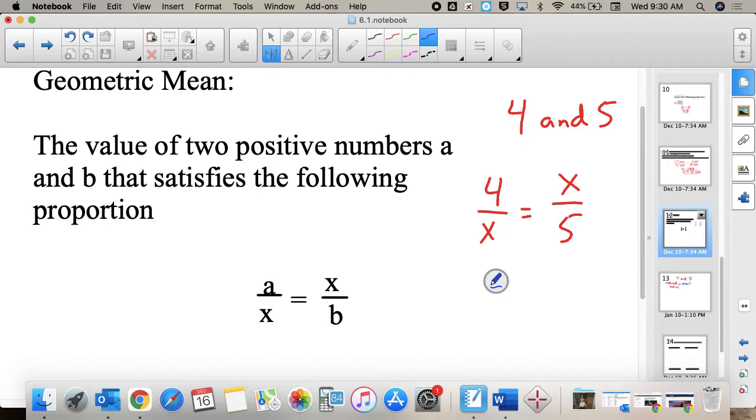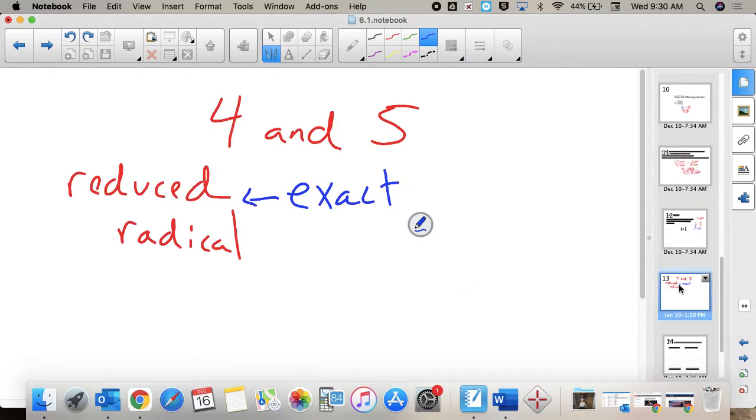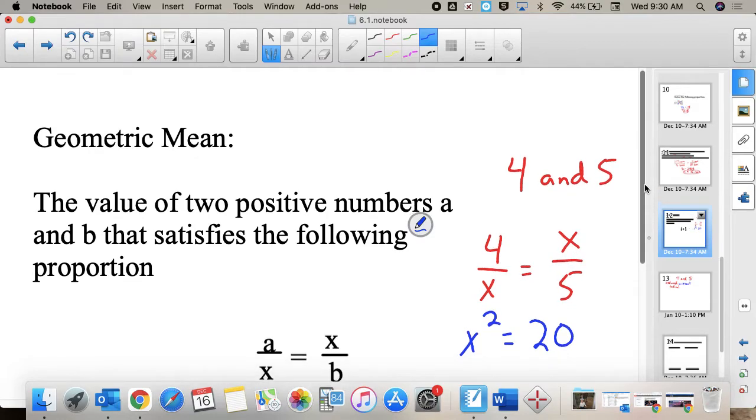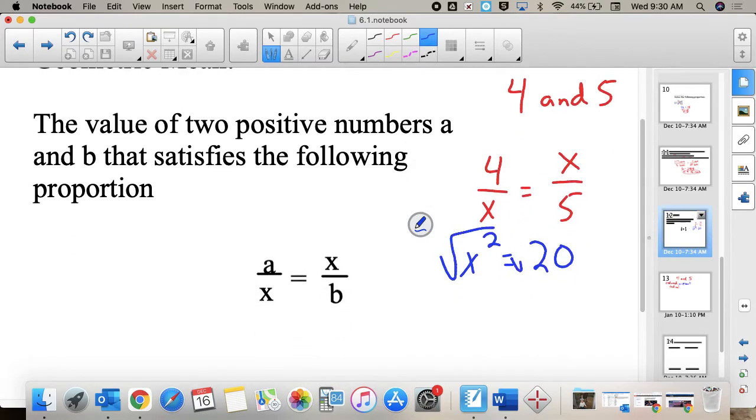X times x is x squared. 4 times 5 is 20. Now, to do a geometric mean, they are going to want it in a reduced radical, meaning it needs to be in exact form. This is where we take the square root of each side, and this is why we reviewed that in the opener.